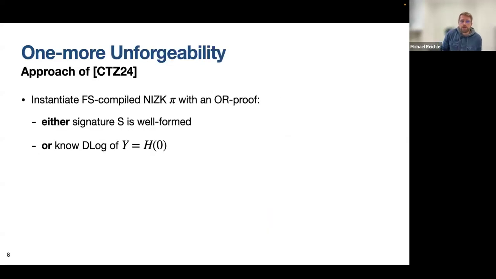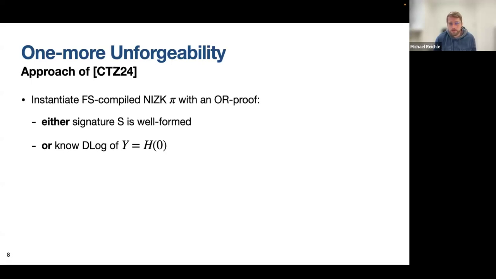The interesting part is the one on forgeability. In order to give you at least a high-level idea of what happens, I'll briefly recap the approach of ZTZ-24. You cannot just instantiate the NISIG with a standard Sigma protocol that the signature is well formed, or verifies correctly, because then you cannot simulate anymore.